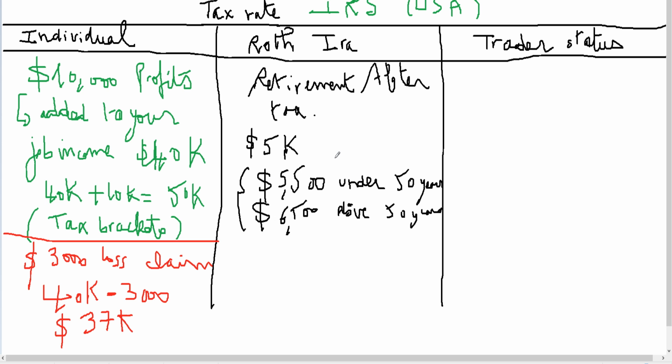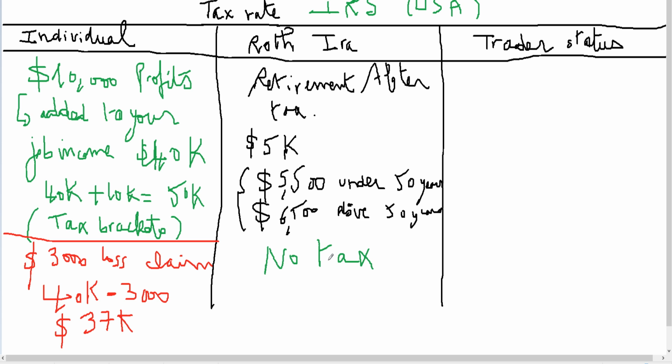Now, what is the good thing about this? The good thing, which is so good, is that there is no tax on this account. What does it mean? It means if you make a loss, you can't claim it. This is a bad thing. Here you can claim $3,000 if you lose.